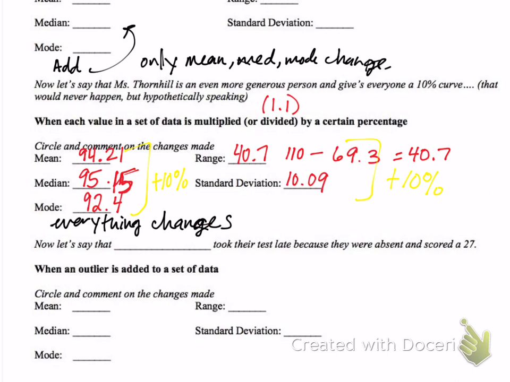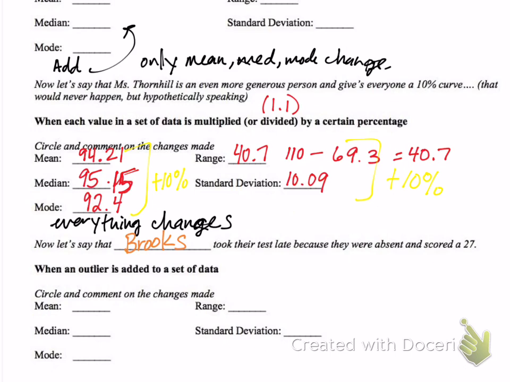Okay, now let's say that Brendan took their test late, or we could say Brooks. Let's say Brooks, I think that's funny. Let's say that Brooks took their test late because they were absent and then scored a 27. So let's add a 27 to our data.